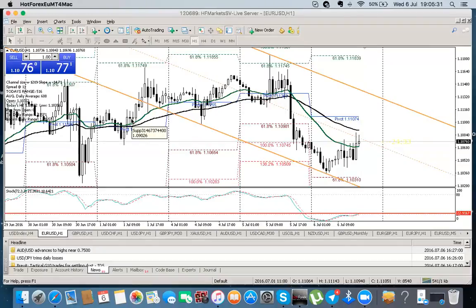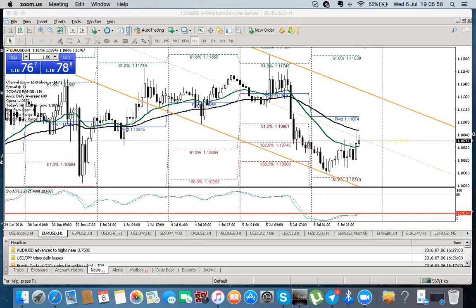On a daily basis, if you want to trade the market, the first thing we have to do is choose the time frame. If you want to trade on a daily basis, you should use the hourly chart, just 1 hour, not 4 hours.